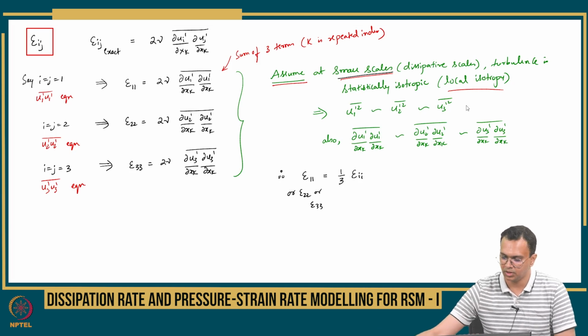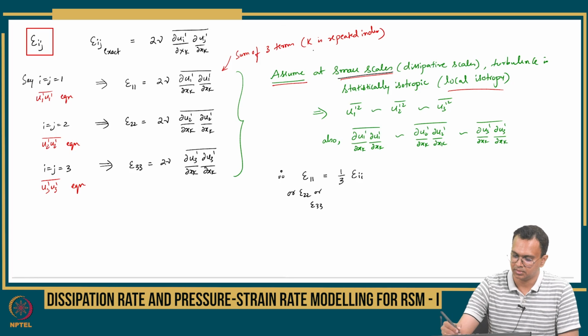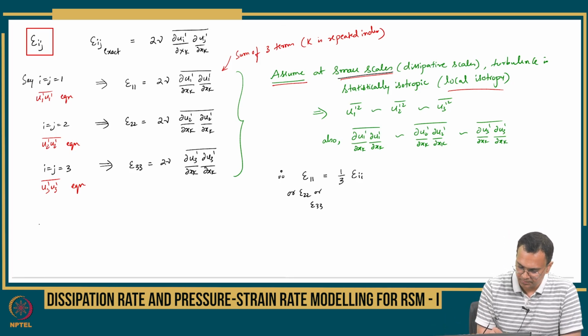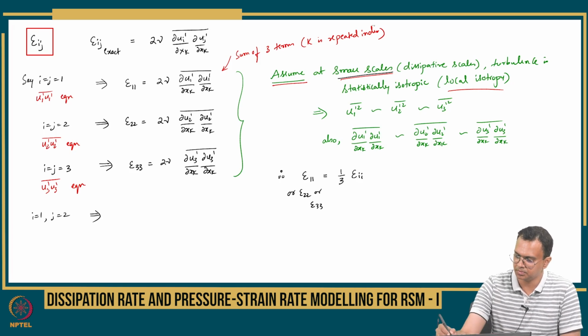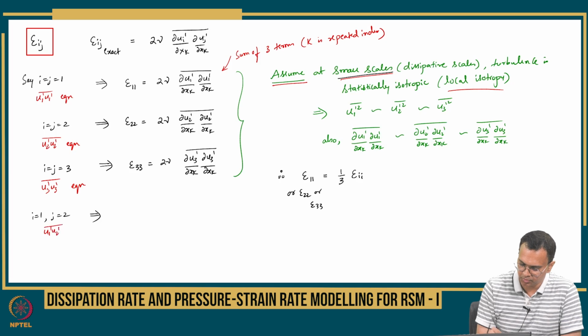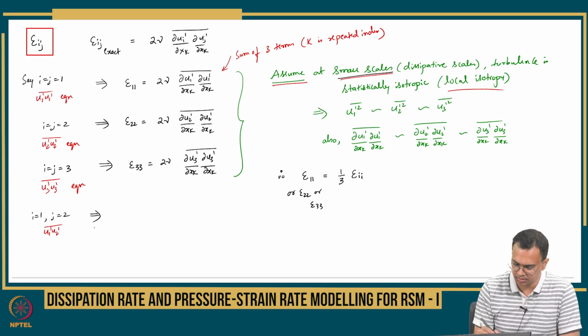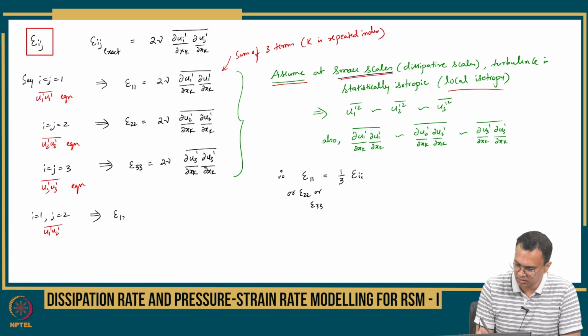Now we look into the other three components in the epsilon ij term, that is when i equals 1, j equals 2. This is for the shear stress term u1 prime u2 prime average. This term will occur in this shear stress equation. So epsilon 12 will be 2 nu dou u1 prime by dou xk, dou u2 prime by dou xk.